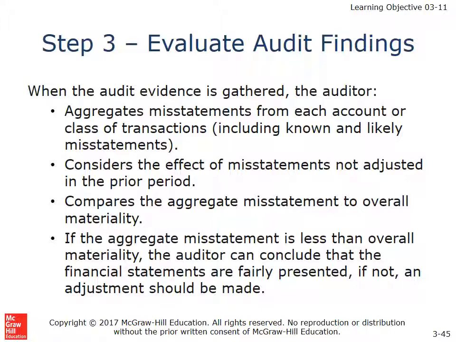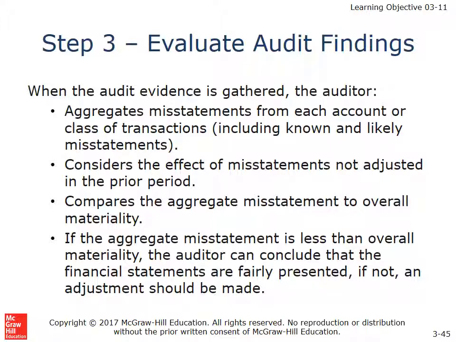So if your aggregate misstatements all added together from each account, and any misstatements from last year that were not fixed, we take those and compare that aggregate misstatement to overall materiality.